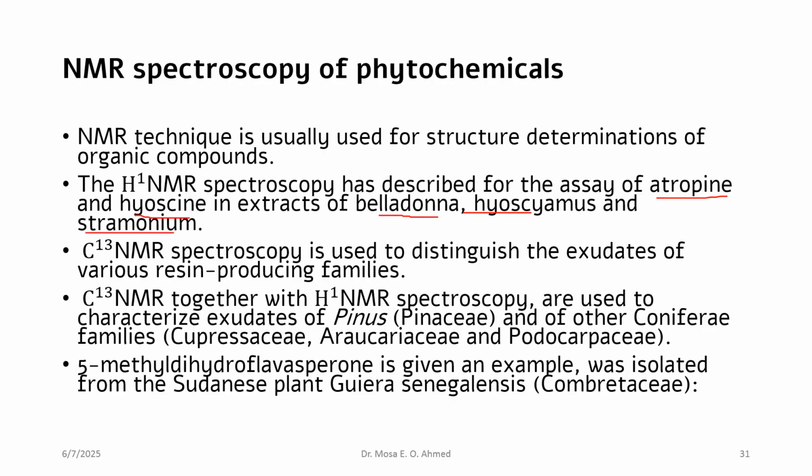As we know, all these three plant sources are considered sources of atropine and hyoscine. Carbon-13 NMR is also used to distinguish the exudates of various resin-producing families.